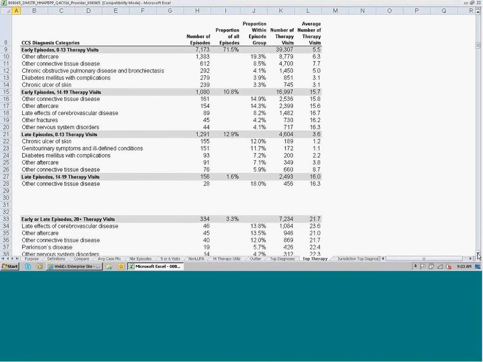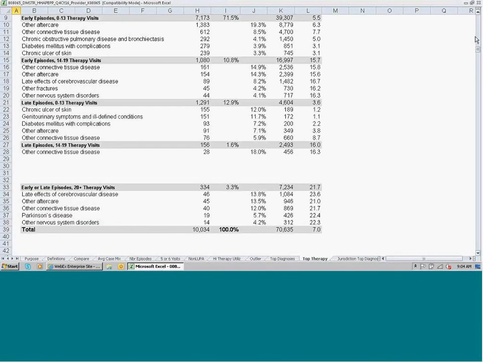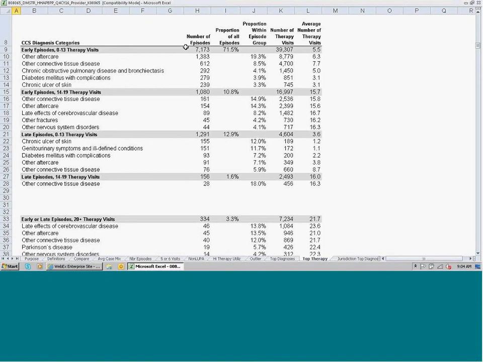We have early episodes, 0 to 13 therapy visits, early episodes 14 to 19, late episodes 0 to 13, late episodes 14 to 19, and early or late 20-plus therapy visits. So for each of those buckets, we identify the total number of episodes for each of those broad categories, the proportion of all episodes, the number of therapy visits, and the average number of therapy visits.